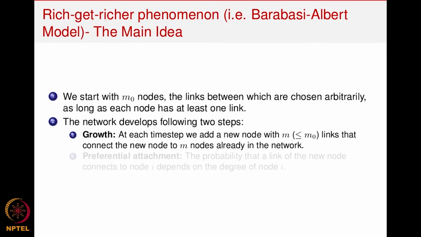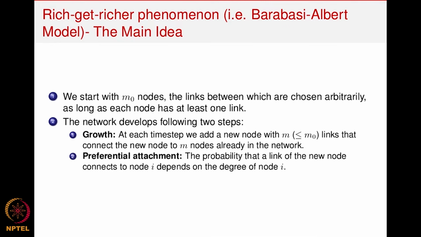We'll start with an existing network of 5 nodes and one new node will come and get attached to some 3 existing nodes, and then a second node will come that will also get attached to 3 existing nodes, and so on. So this keeps happening. Now, how do we decide which 3 existing nodes should get attached to the new node?